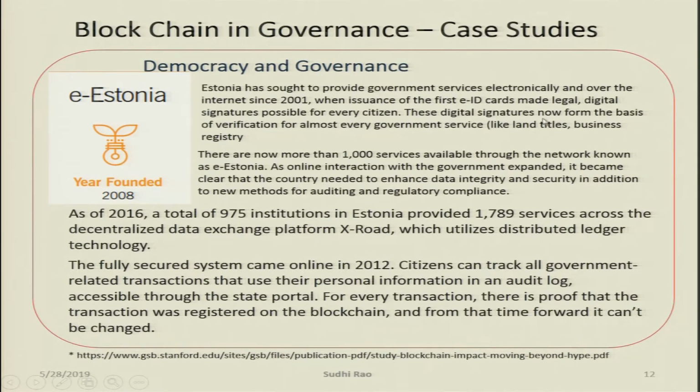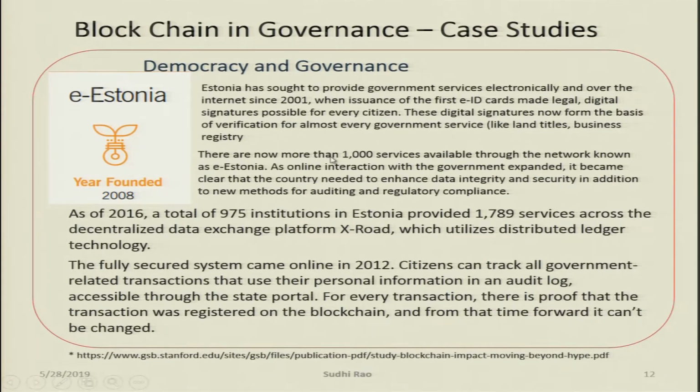These digital signatures now form the basis of verification for almost every government service like land title, business registry, everything. Documents need not be physically signed and scanned, you can digitally sign them by encrypting with your private key, every government document. In fact, it could almost be used as a proof of your identity like Aadhaar.